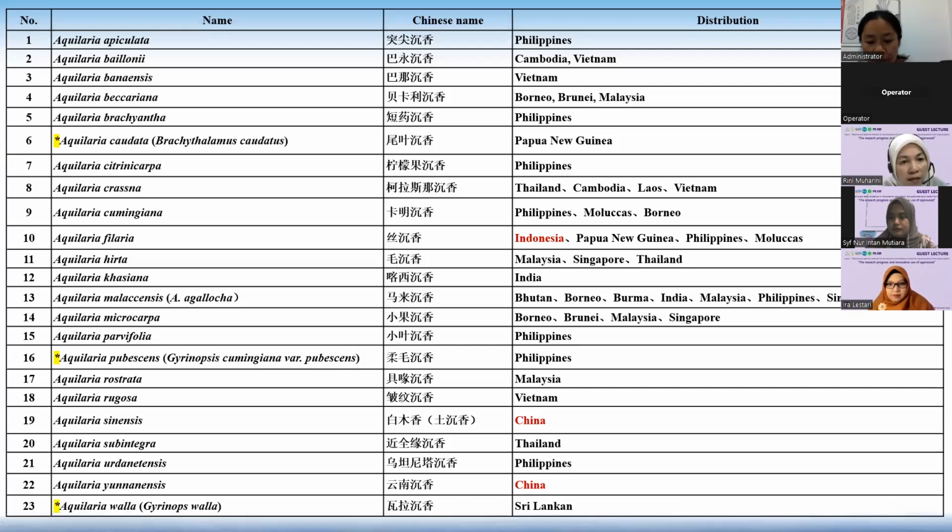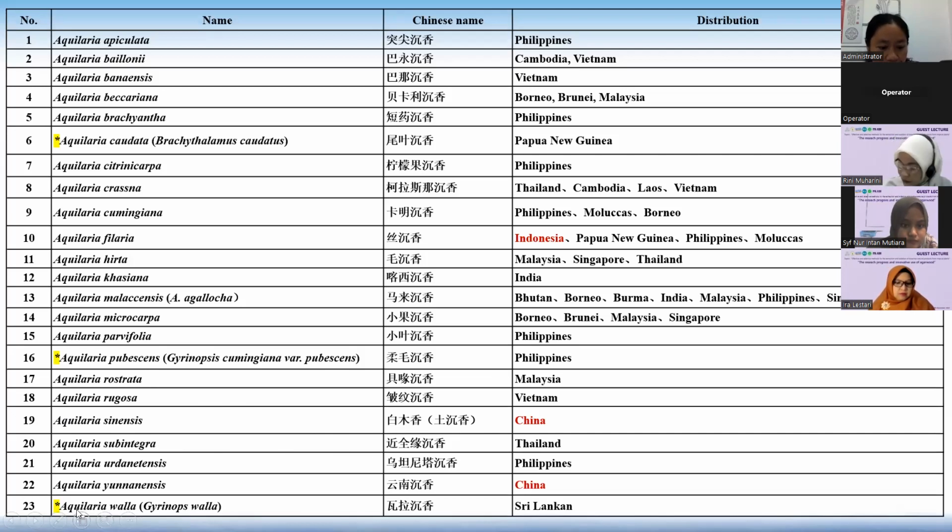This table lists the Aquilaria trees and their distribution. In China, we have 2 species, including Aquilaria sinensis. This one is mainly distributed in Hainan province. In Chinese, we call it Tu Chenxiang, also Bai Mu Xiang.